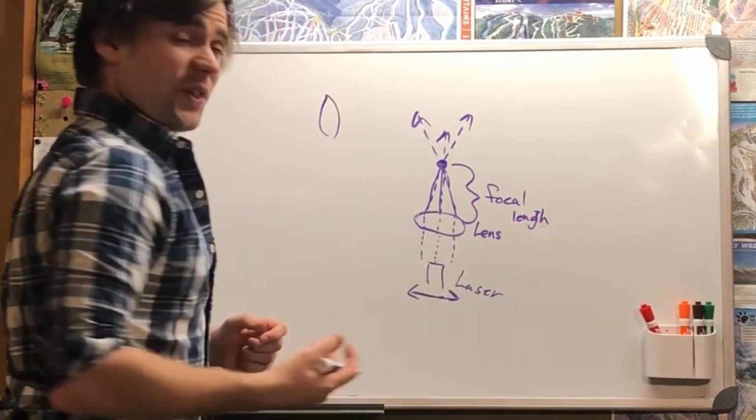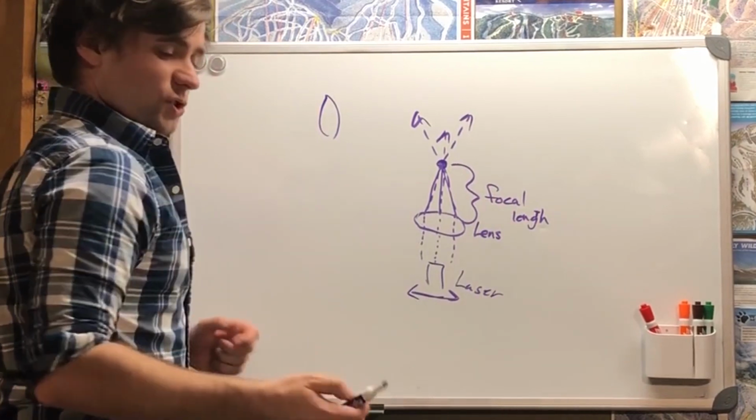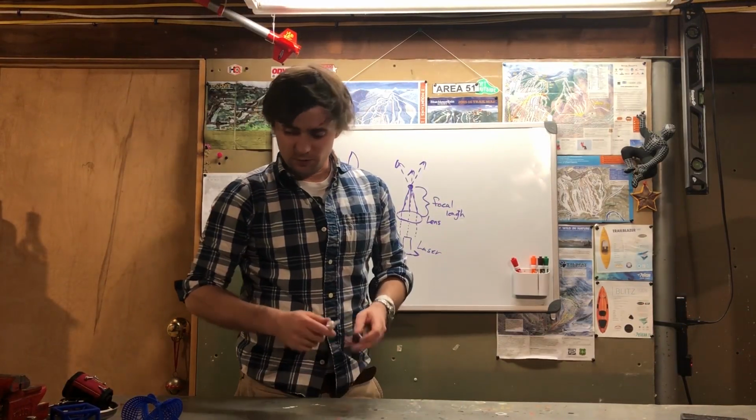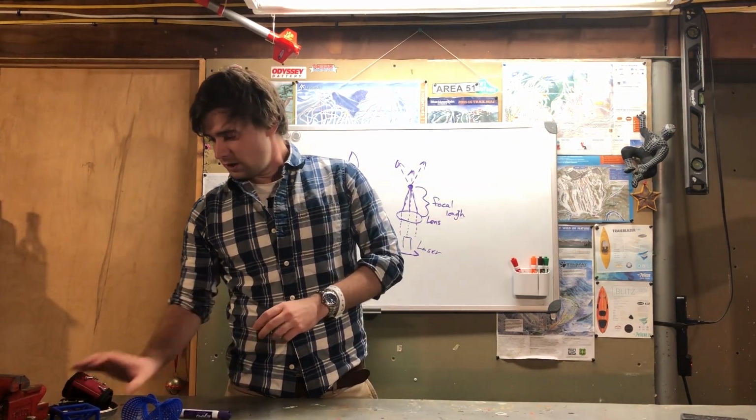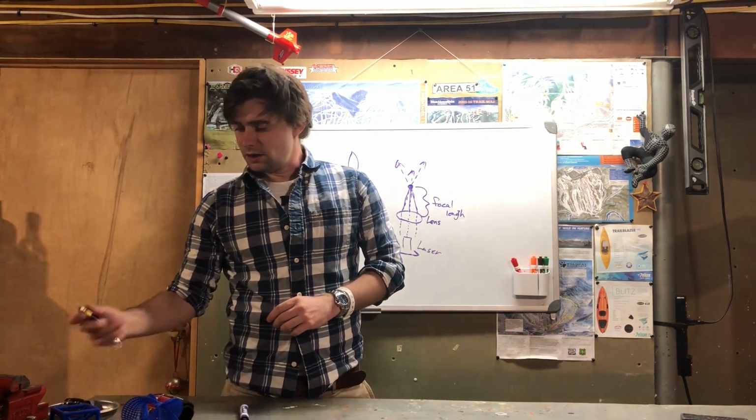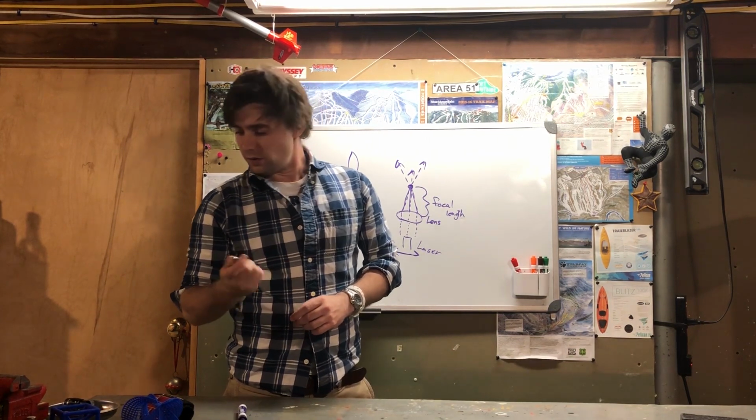And even though it's not part of the lab, it's actually really neat. When you shine the laser, let's say right here was where we had our experiment set up. And I actually have a laser pointer right here.